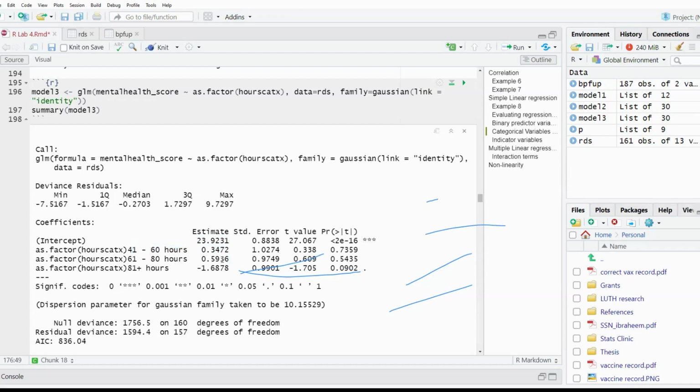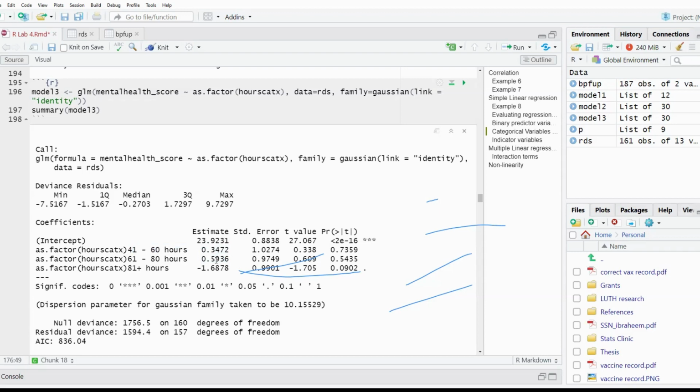Okay, so who is going to explain to us what 0.59 represents? Maimuna, do you want to give it a shot? If you remember, we said that 0.34 is the change for those in the 41 to 60 group.